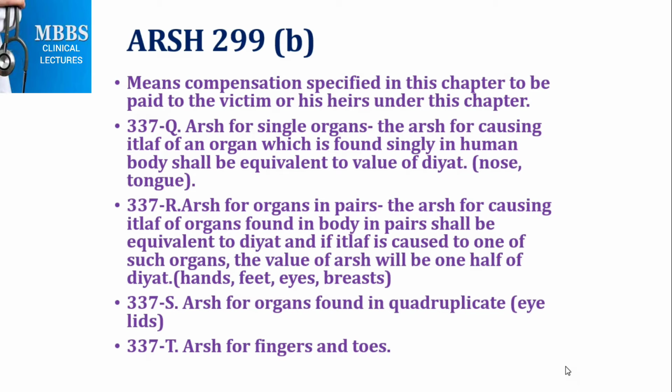So arsh, for example, if there is a loss of the functions of the organs, then arsh for single organs which occur in the body singularly, for example the nose, for example the tongue. So if the nose is damaged permanently, there is a permanent loss of the nose or permanent loss of the tongue, then the arsh equals the whole amount of the diyat.